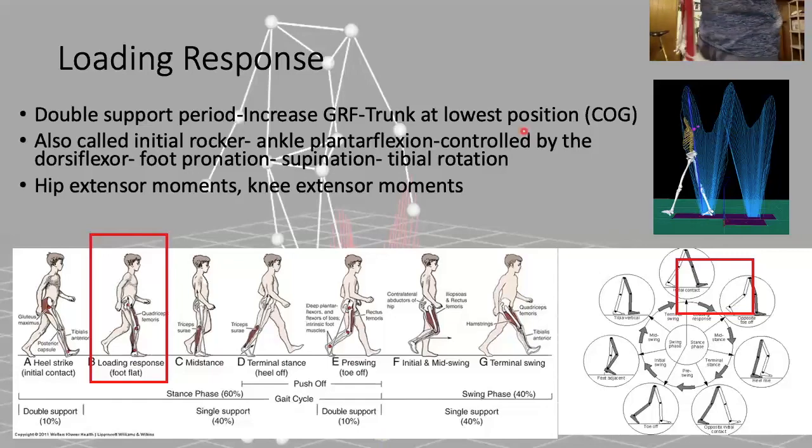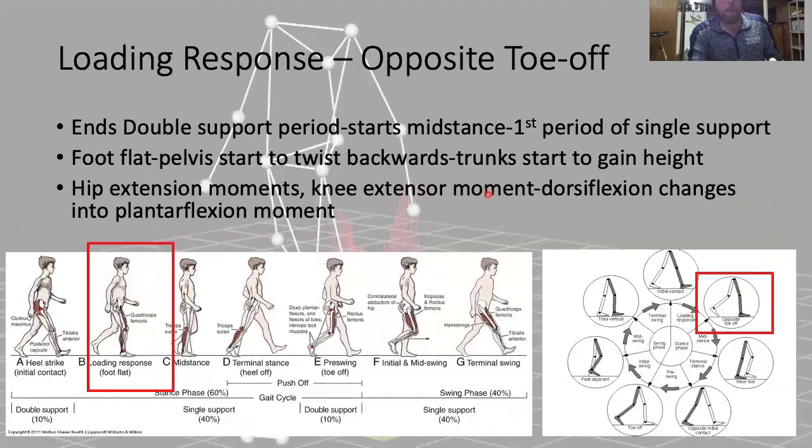So go out and do some walking and think about it. As you first hit the ground and you get into that loading response, you're taking all your body weight and it's starting to rock over to one leg. And in order for you not to fall down, if you flexed your hip, you would just go straight to the ground like a squat. You don't want to do that. So you have hip extension and knee extension moments occurring.